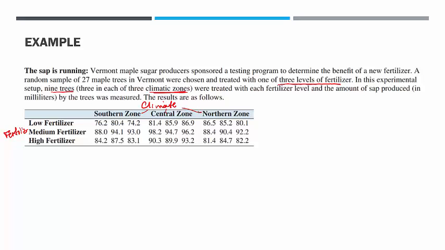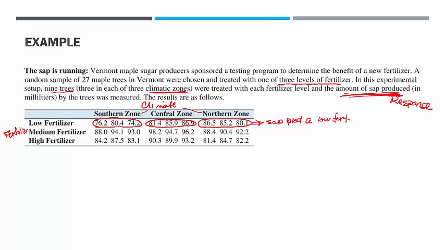And so then what they did is they did 3 in each group, right? You've got 3 low fertilizer in the southern zone, 3 low fertilizer in the central zone, 3 low fertilizer in the northern zone, and these numbers represent sap production. Okay, so that's sap production at low fertilizer. Amount of sap produced is the response variable.